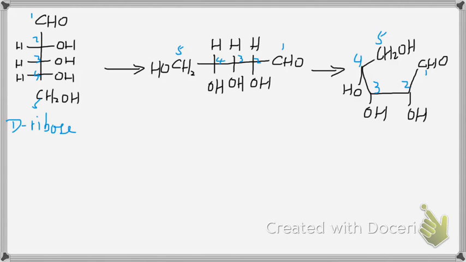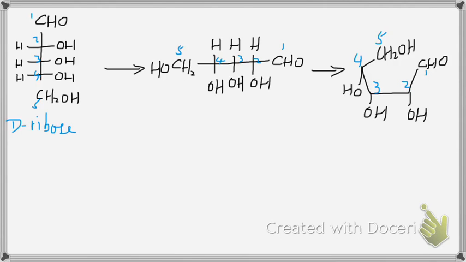Next, now I want the carbon 4 OH to react with the carbon 1 aldehyde. Okay, carbon 4 OH reacts with the carbon 1 aldehyde. Where is carbon 4 OH now? It's pointing down, right?